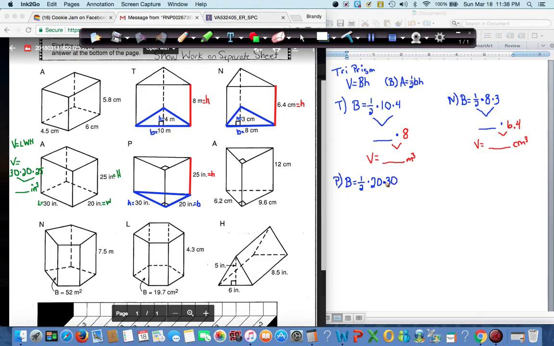So 1 divided by 2 times 20 times 30. You take that answer, and we're going to multiply that to the height of the entire prism, which is 25. So times 25. And that will give you your answer for the volume of the whole thing, which in this case is going to be inches cubed.